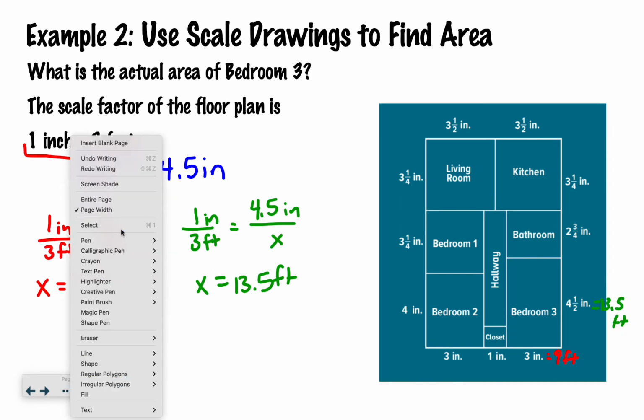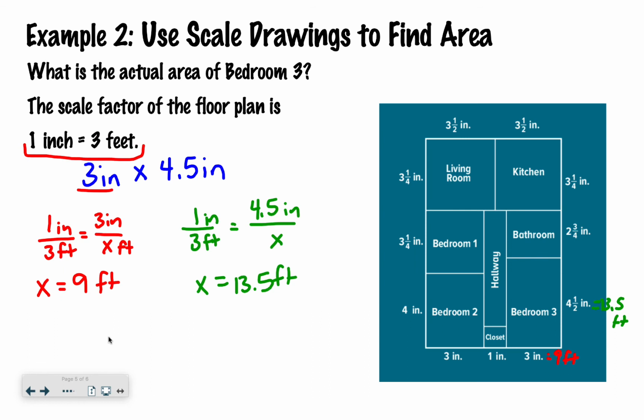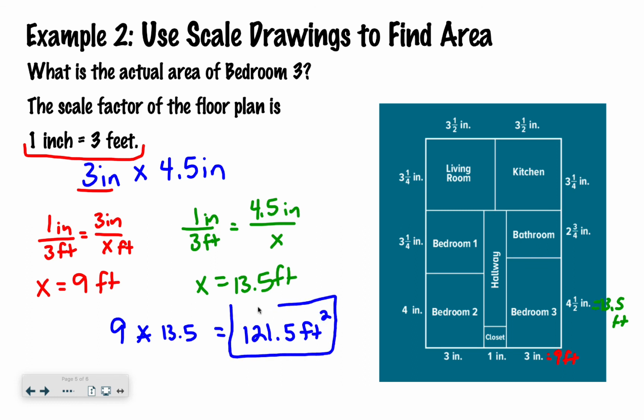My last step is to multiply those two numbers together. So 9 times 13.5 equals 121.5. Since it's area, we say feet squared. That would be my final answer, and I need to make sure I label my answer.